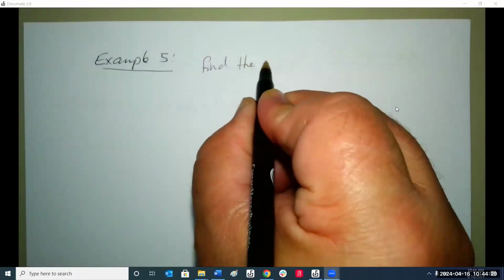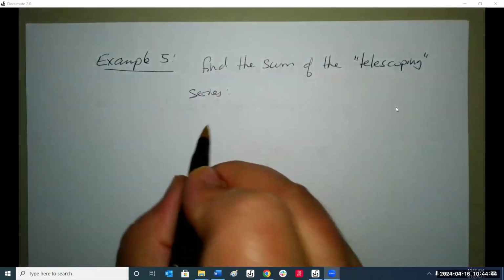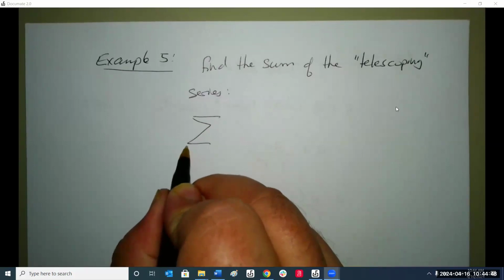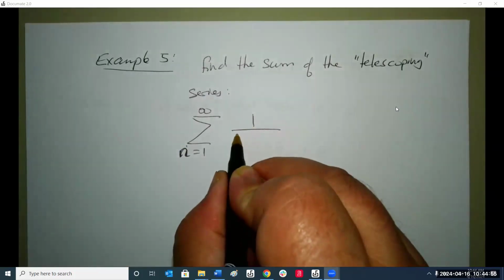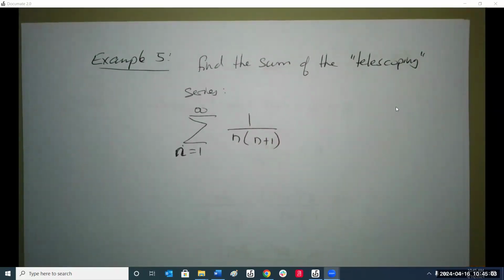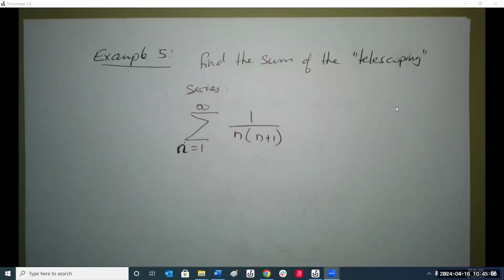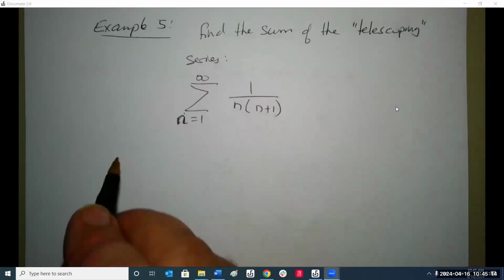Example 5. Find the sum of the telescoping series, the sum of 1 over n times n plus 1. All right, let's look at this equation.